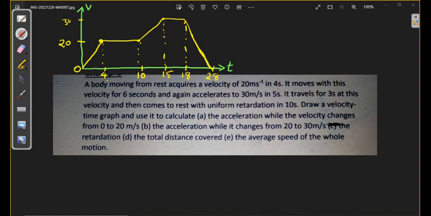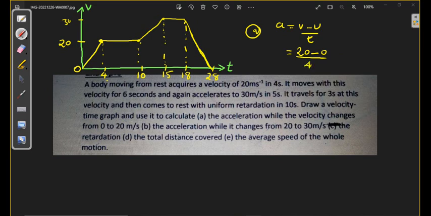So from 0 to 20, the final velocity is 20 and the initial velocity is 0. And what time did we take? We took 4 seconds to move from 0 to 20. So 20 minus 0 is 20, over 4. That is going to give us 5 meters per second squared.